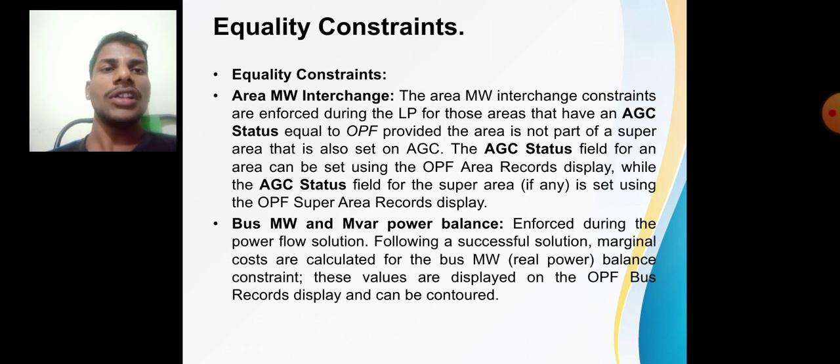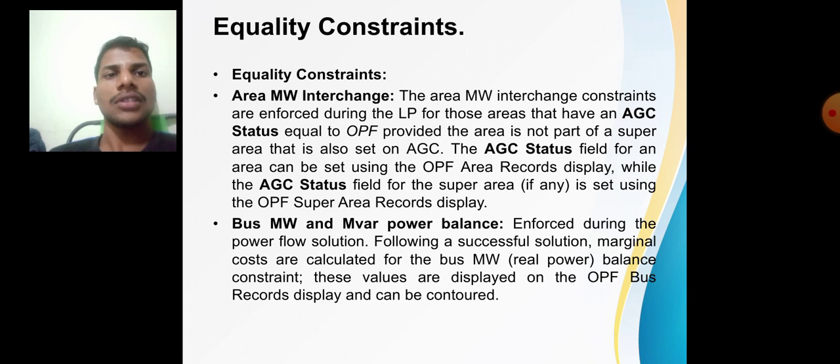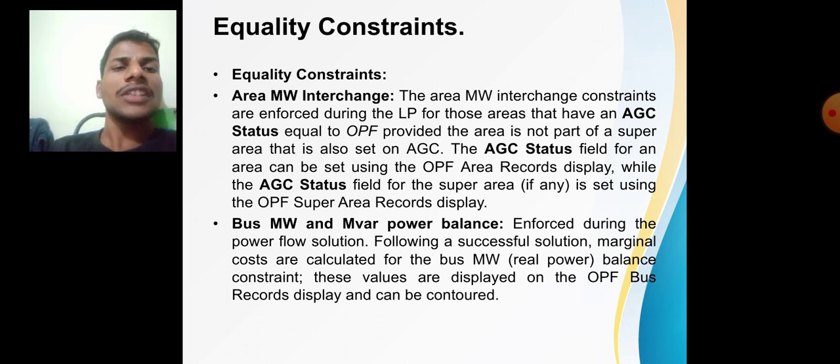The equality constraint is the equality on the area megawatts interchange. The area megawatts interchange constraints are enforced during the LP for those areas that have an AGC status equal to OPF, provided the area is not a part of a super area that also has AGC set.